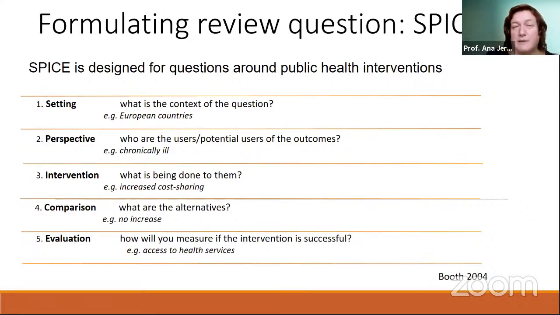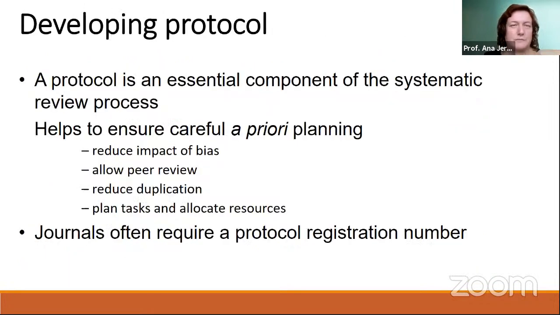Sometimes we have a research question which is related to a public health intervention. In that case, we use some other tool like SPICE, where other elements are defined. So based on your research question, you need to find the optimal tool for formulating it.